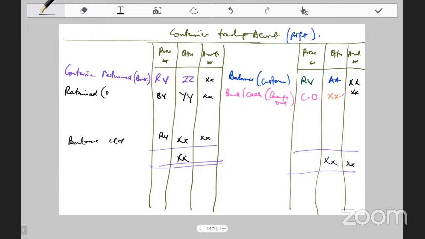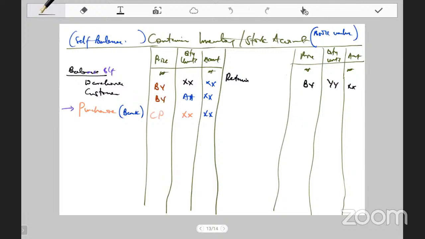This is the only one I have to determine. And once I determine that, it moves to this other side. So we come to the end of the period, balance at end. We've known the value in the hands of the customer, and which will also be at book value.